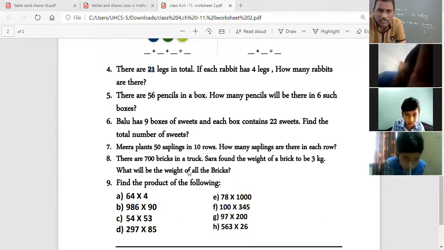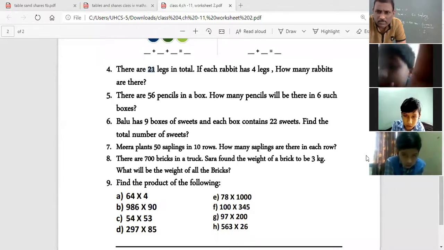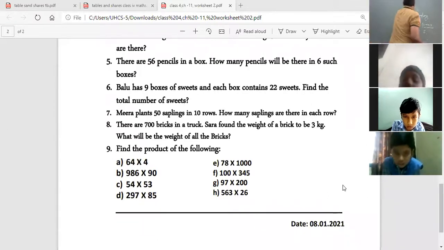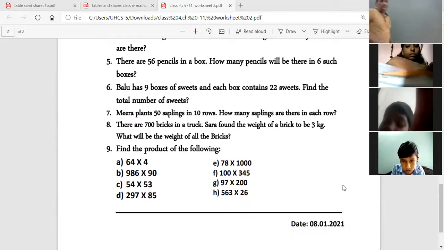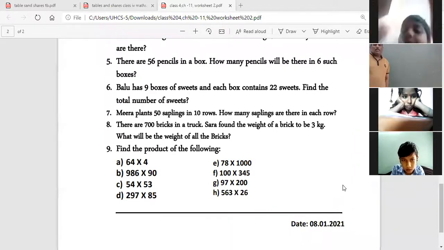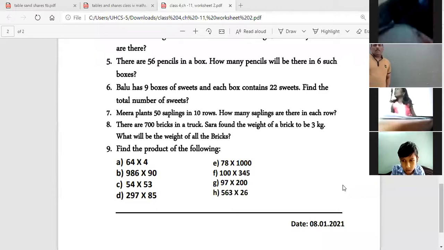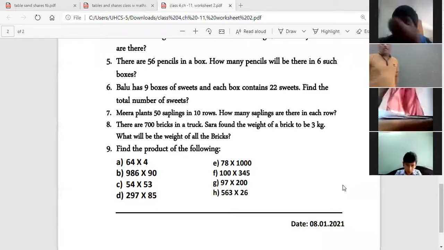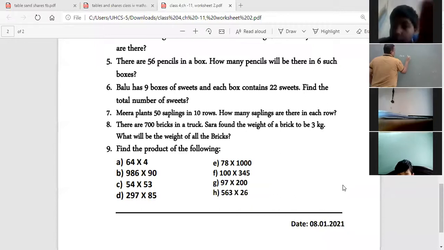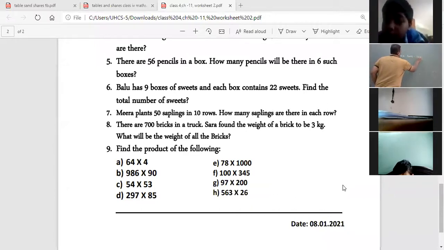There are 700 bricks in the truck. Sarah found the weight of a brick is 3 kgs. What will be the weight of all the bricks? Each brick 3 kgs.